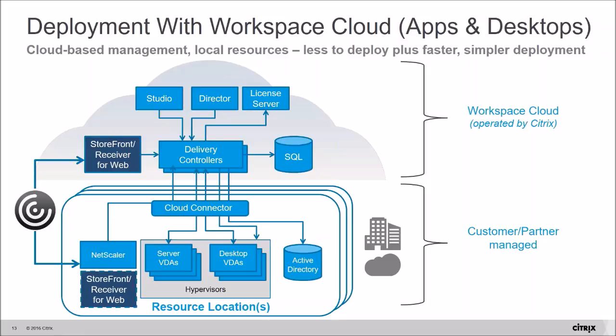So from an end user perspective, if I was using the web receiver, I'd be logging into a single page, launching perhaps 3 or 4 different applications from 3 or 4 different resource locations, some of those public, some of those private cloud, some of those traditional on-premise out of my own data center. From an end user's perspective, where those applications run is completely transparent to me.